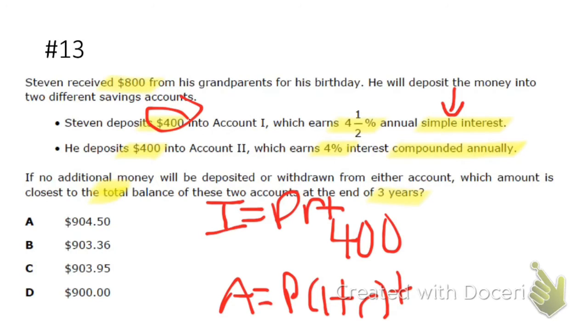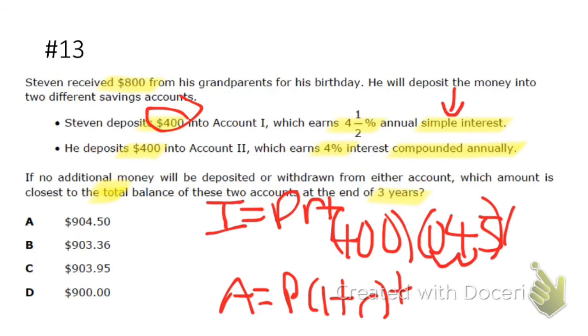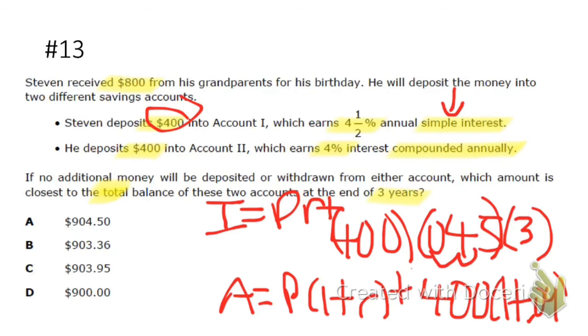Then I'm going to multiply it times 4.5, so I move the decimal over 2 times, 1, 2, it's 0.045, and then 3 years. Next one, we're going to do 400, 1 plus my rate's going to be 0.04, and I'm going to do 3 years.